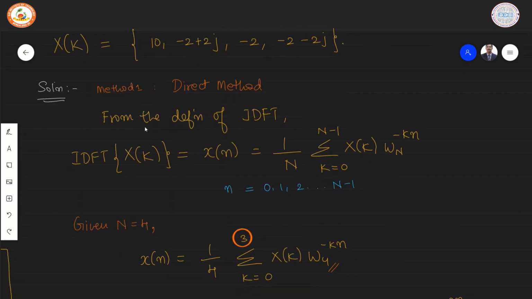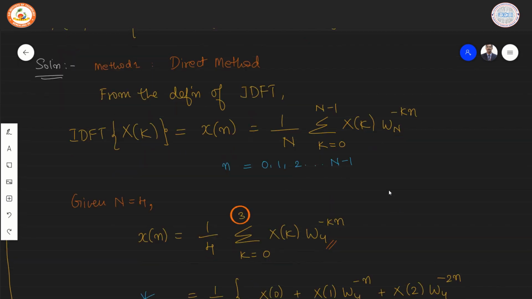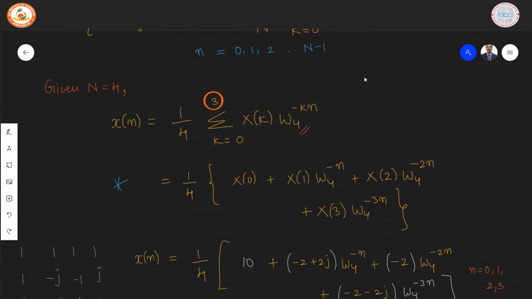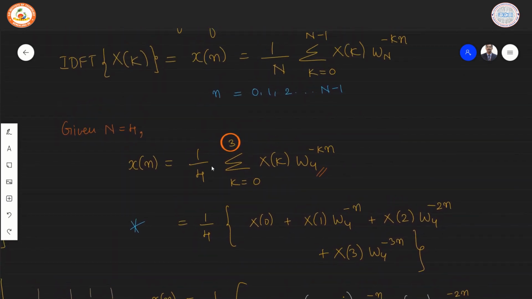In the direct method, from the definition of IDFT, we know the formula. IDFT of X of k is given by x of n equals 1 by N times summation k from 0 to N minus 1 of X of k WN to the power of minus kn. The value of n lies from 0 to N minus 1. Now, in the given problem, since N is 4, substituting capital N equal to 4, this expression becomes 1 by 4 times summation k from 0 to 3 of X of k W4 to the power of minus kn.